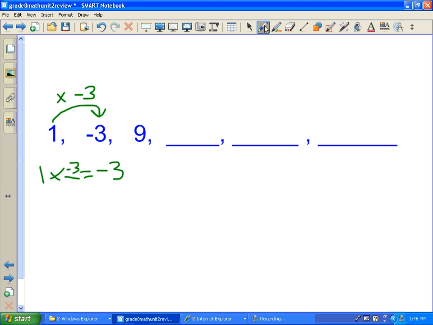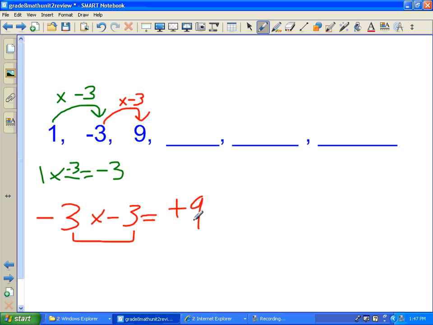Let's test that with the next one. So I take negative 3, and I'm going to times it by negative 3 and see what I get. Well, negative 3 times negative 3 equals positive 9, because 3 times 3 is 9, and a negative times a negative is a positive.